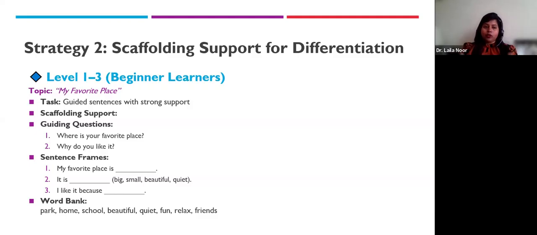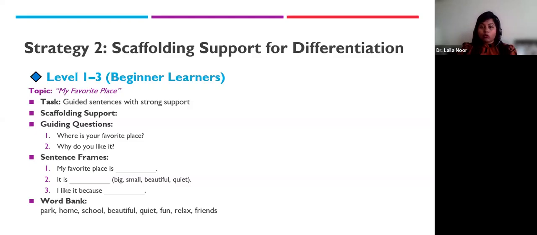So, for example, if we have the same topic, my favorite place, for beginner learners the scaffolded support will be guided sentences with a purpose. We provide some guided questions so that it helps them to brainstorm. When we work on tiered tasks, we more often see sentence frames and word banks, but when we come to scaffolding, we notice that it is more about helping them to think critically, to develop their critical thinking ability, their intellectual ability.